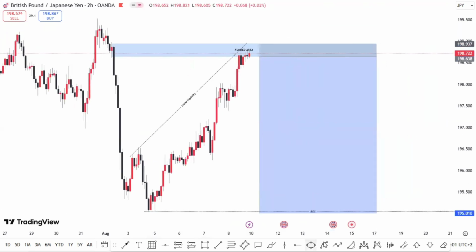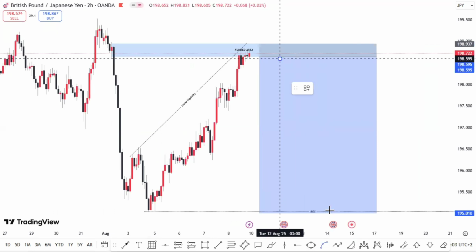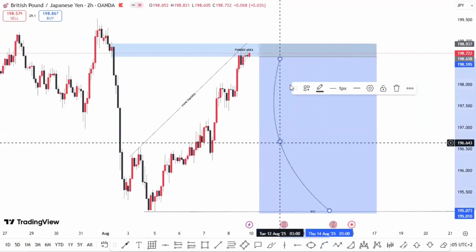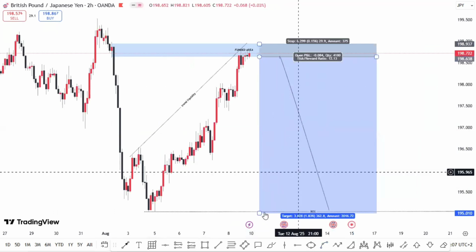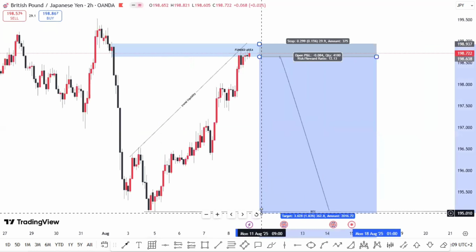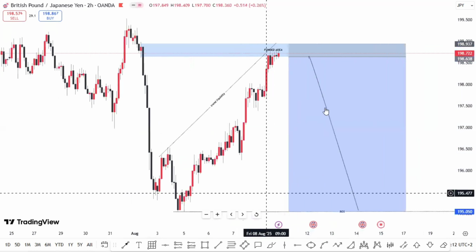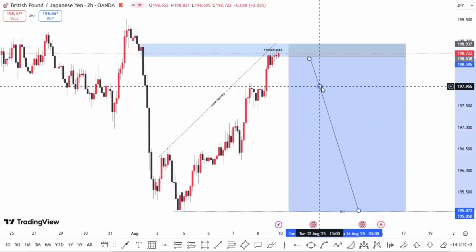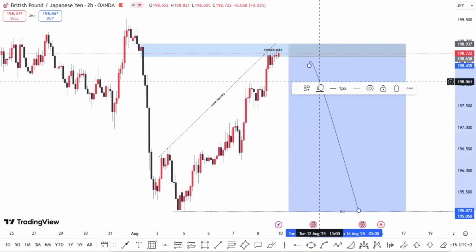So the market bounced back there to test that last candlestick, which works along with this trendline liquidity. Along the trendline liquidity we have that touch here.